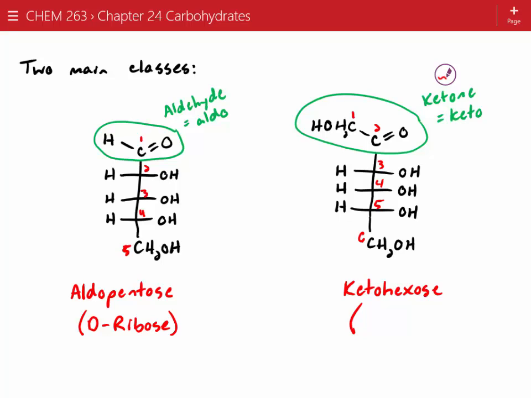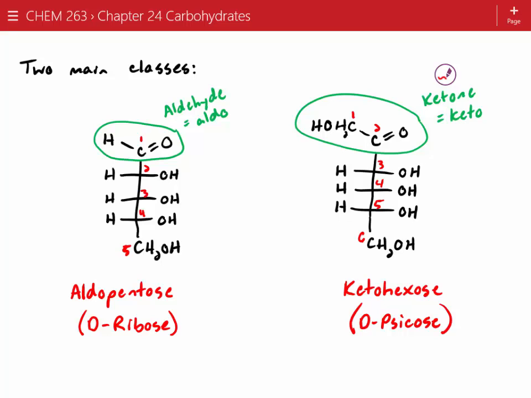It's a tongue twister. I don't even know if I can say this. D-psicose. You can just mumble it if we can't pronounce it. But the ketohexoses are the parents simply because they have a ketone on top. The aldoses have the aldehyde on top.